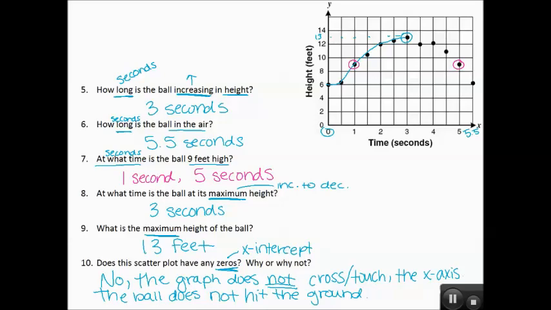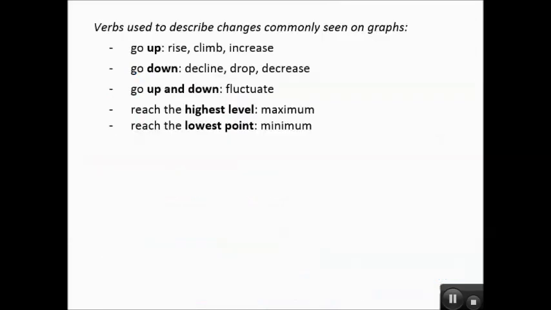Okay, let's take a look at some common phrasing you may see in some of the questions when you're looking at graphs. These are some verbs that could be used to describe changes commonly seen on graphs. So the first one is go up.